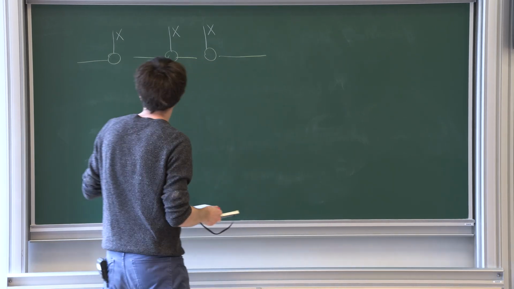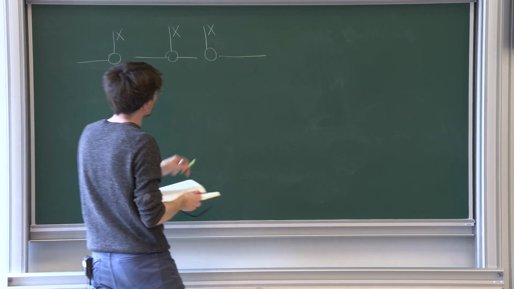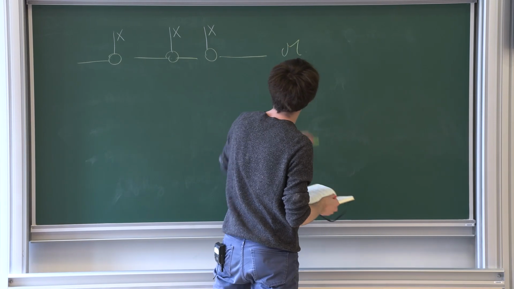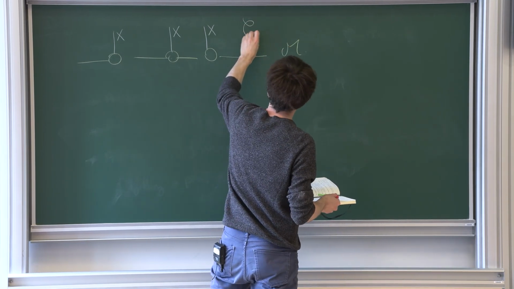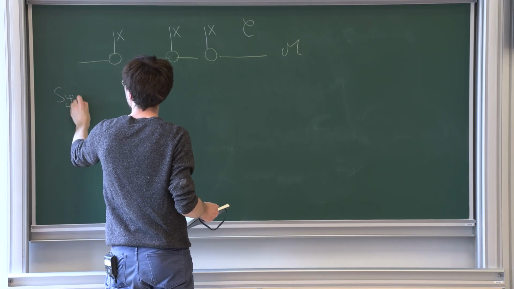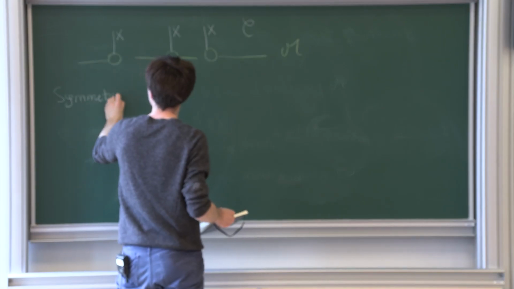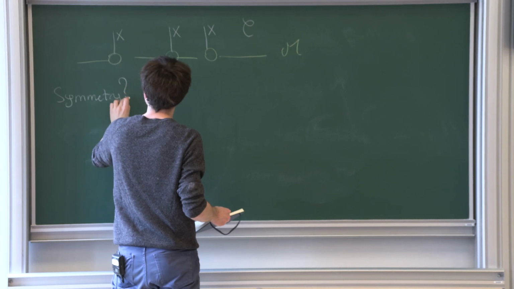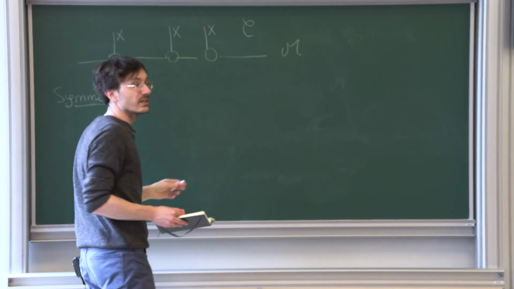So what is the symmetry? Given that choice, here I have a choice M. This is M there, and I have my choice C. So what is the symmetry? First of all, I'm going to try to motivate what it is.